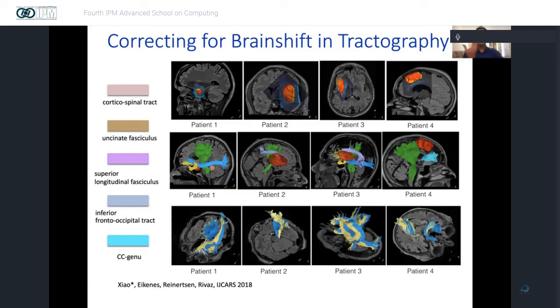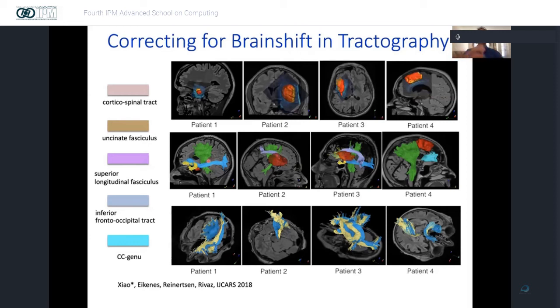If they cut perpendicular to these fibers, they will cut the communication between many different parts of the brain. And as a result, the patient suffers from many side effects. So it's important to try to cut as much as possible parallel to these fibers, especially important fibers.